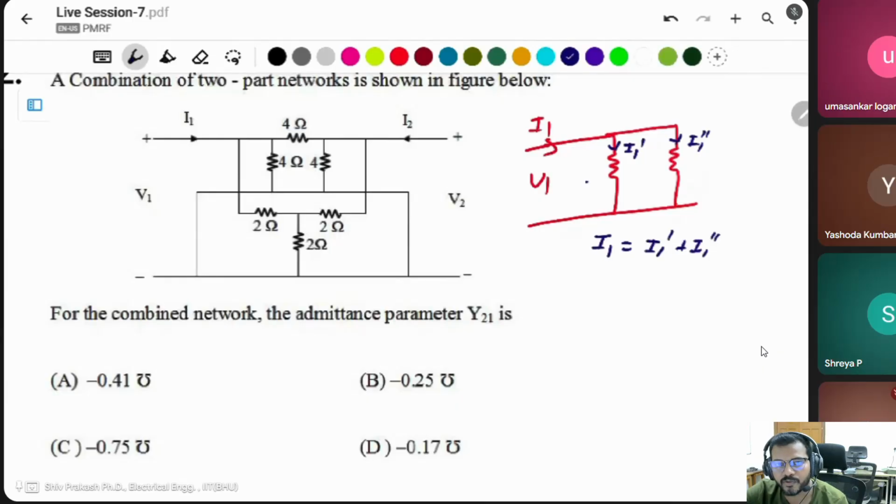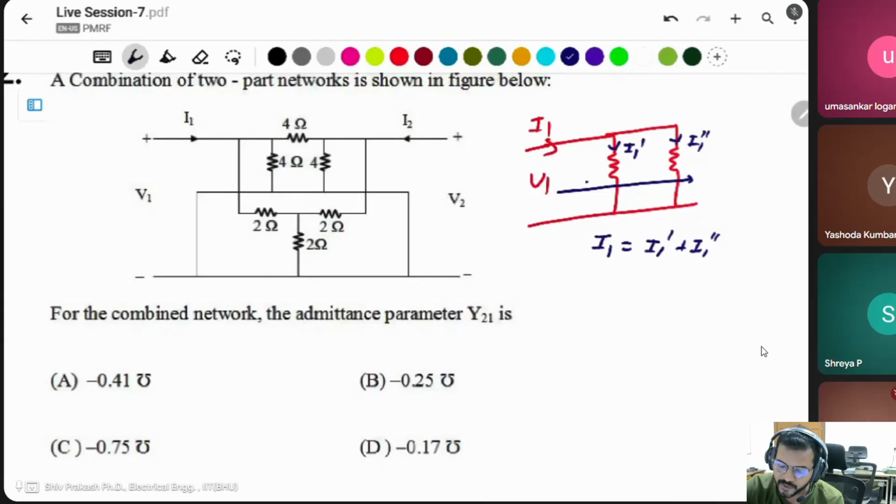I'm not doing superposition for source combination. I simply divide it into two parts because in both conditions the voltage will be the same in parallel combination. Both voltages are the same but the current is different. Then I simply divide this network into two parts.